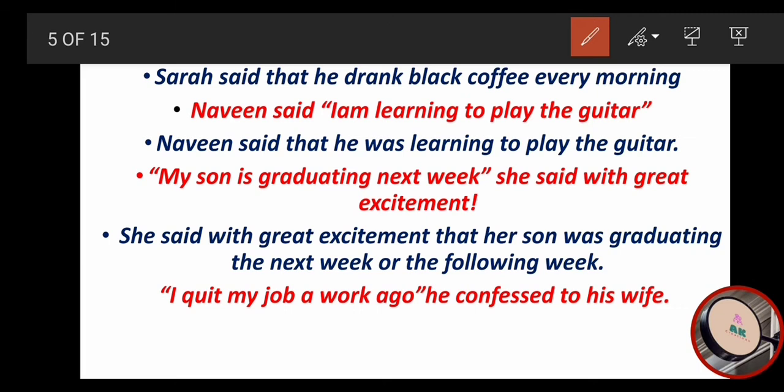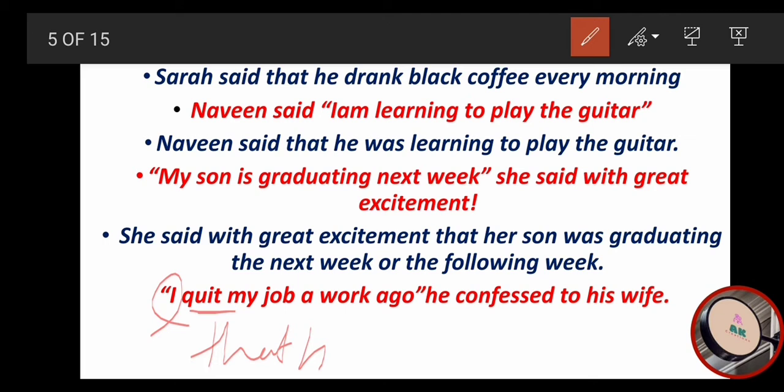Okay, first, what do you have to do? Yes, first you have to use the reporting clause, that he confessed. You are not supposed to change the pronoun over here, so you have to put it as it is. He confessed to his wife that, he quit is already in a past tense, children.